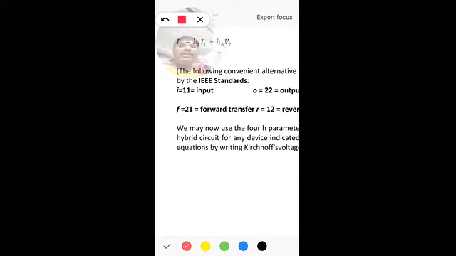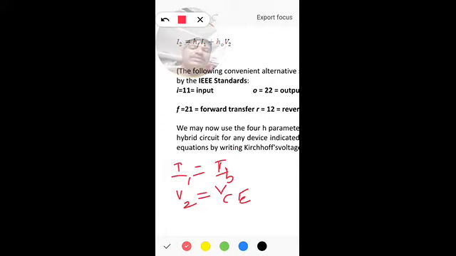Similarly, for a transistor in CE configuration, the input current I1 is IB, and the output voltage V2 is VC, the collector voltage. So in place of I1 we can write IB, and in place of V2 we can write VC.